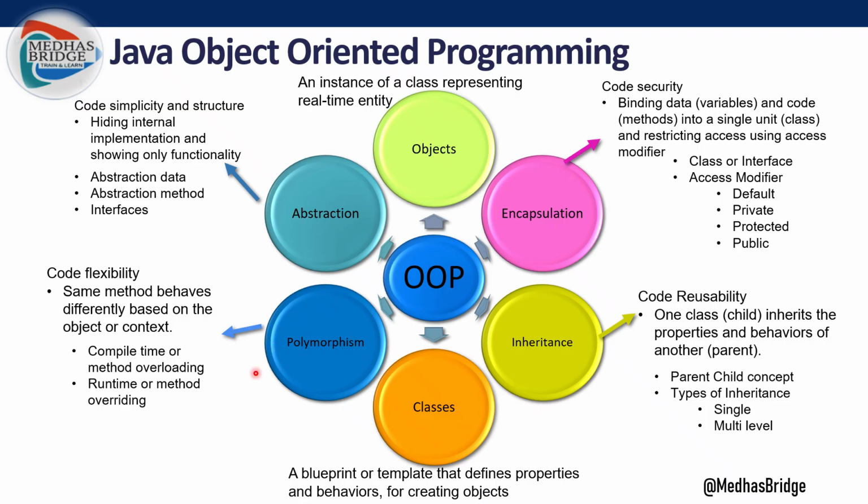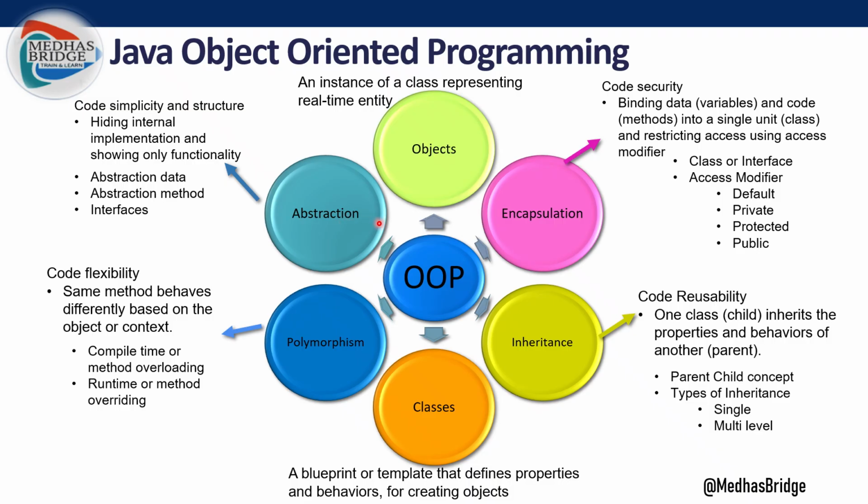Now coming to polymorphism. Polymorphism means the same method behaves differently based on object or context, like method overloading and method overriding. Using these techniques, we achieve code flexibility.